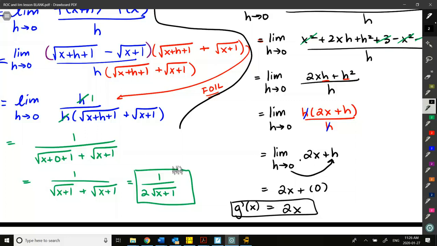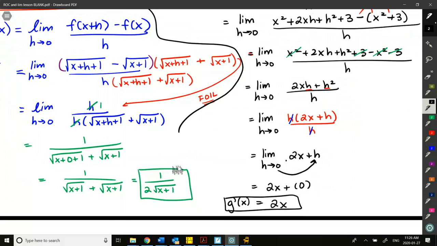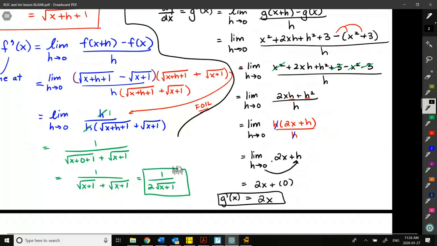I may ask you to do one Newton quotient question, if anything, but for the most part, we're learning the derivative rules so that we don't have to go through this whole process. It's still important to understand the Newton quotient to understand where these rules come from. But calculus is so that we don't have to do this all the time.